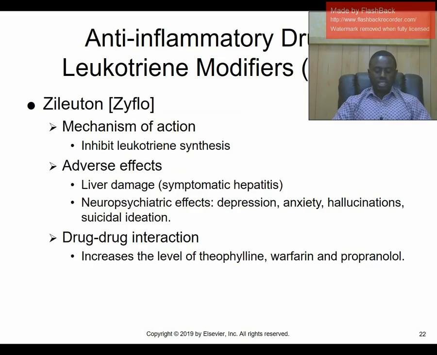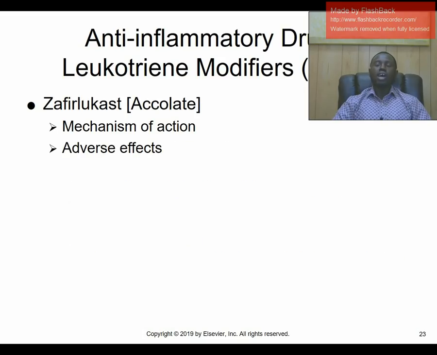The next drug that we are going to talk about is known as Accolade. Accolade is a leukotriene receptor antagonist, and it reduces infiltration of inflammatory cells and thereby reduces bronchoconstriction. This medication is taken orally and should be taken on an empty stomach.